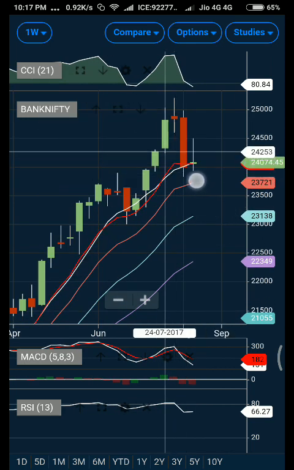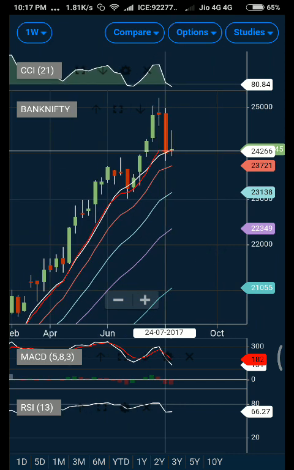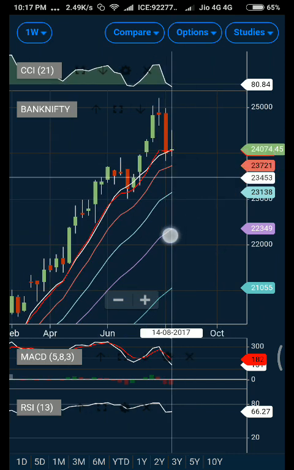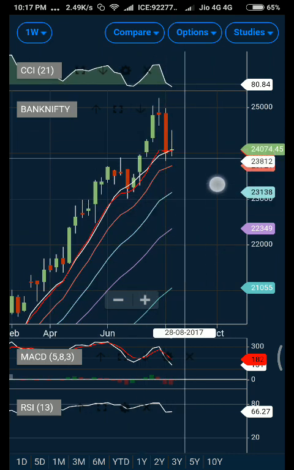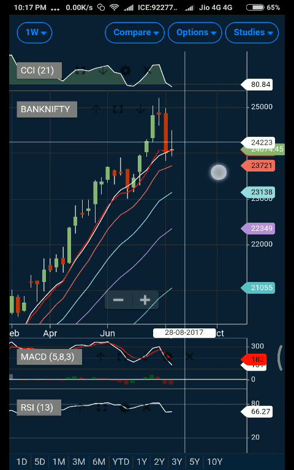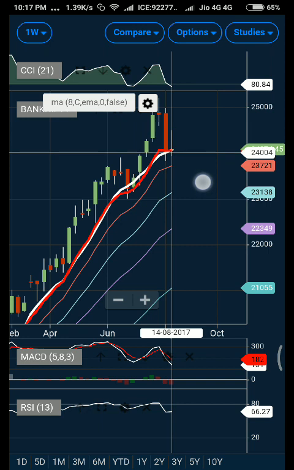If the market wants to go higher, it has to first break 24, just a second, 24 to 65 something. It has to close above those levels so that we can expect a higher move ahead.